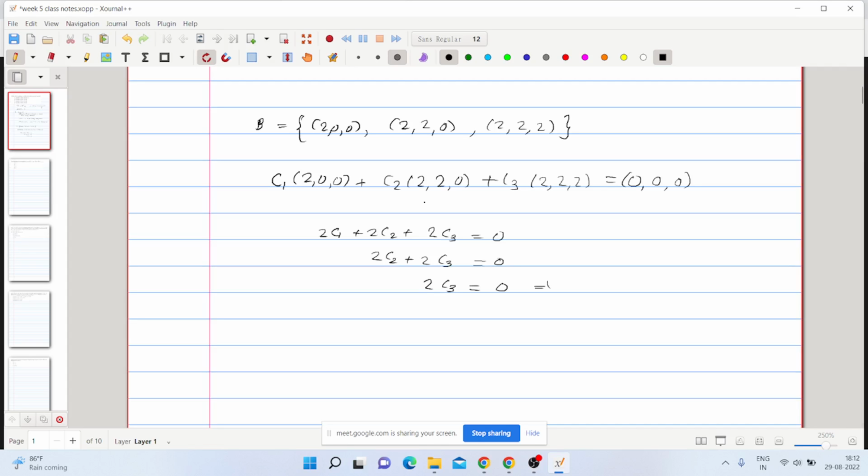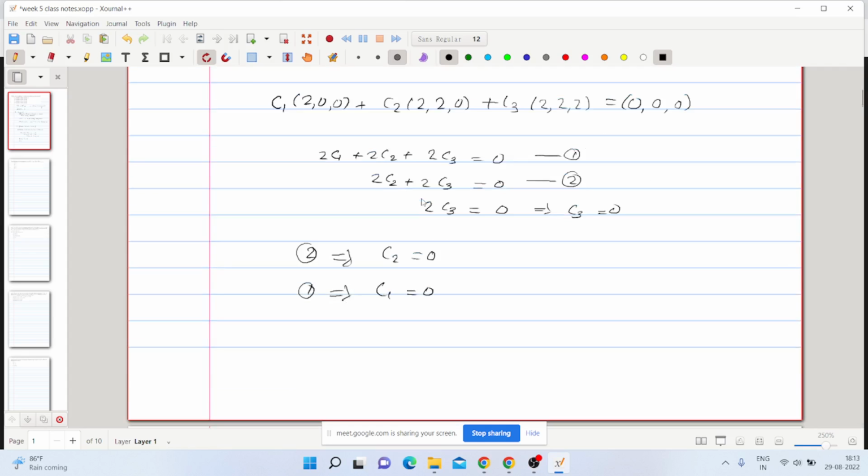From this condition we get C3 equals 0. Putting C3 equal to 0 in the second equation, we get 2C2 plus 0 equals 0. This implies C2 equals 0. So C3 and C2 are both 0, which means in the first equation we get C1 equals 0.